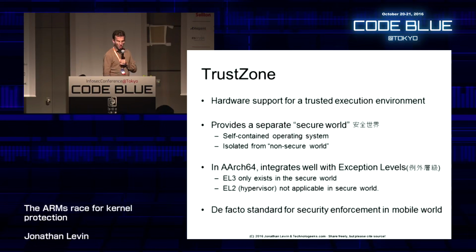But anyway, the idea is that we have basically what we call the secure world, or the non-secure world, where the operating system that we would normally use, and that would be, in our case, iOS or Android, would run in the non-secure world, in a place that is not trusted, which is essentially the same execution environment as you know from any other architecture, like from Intel as well.